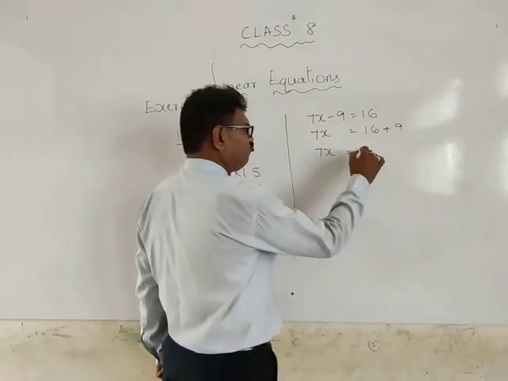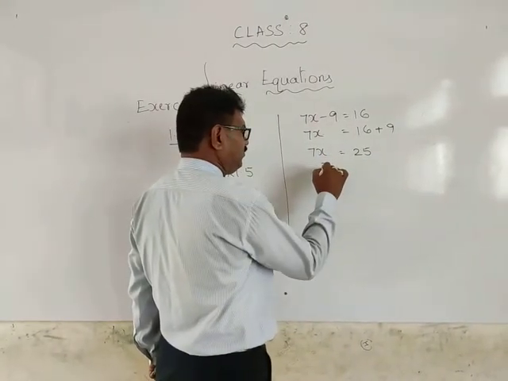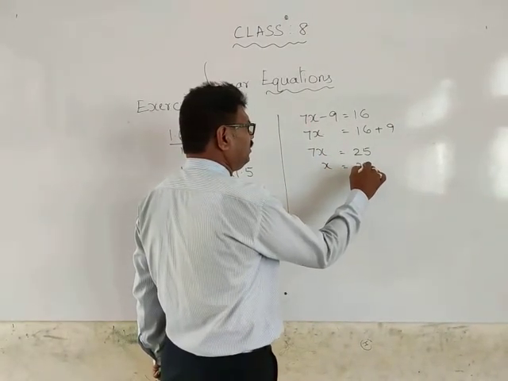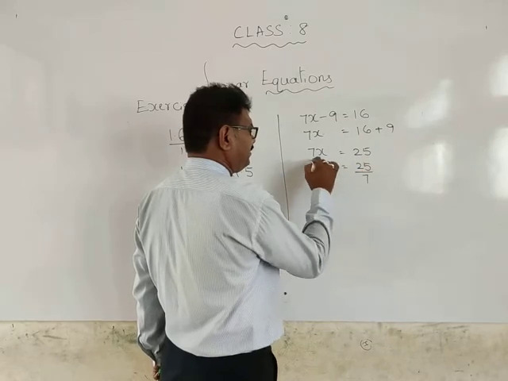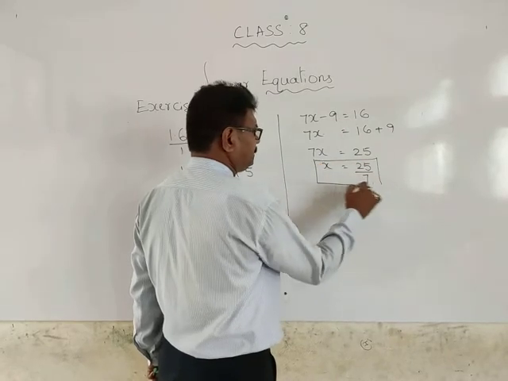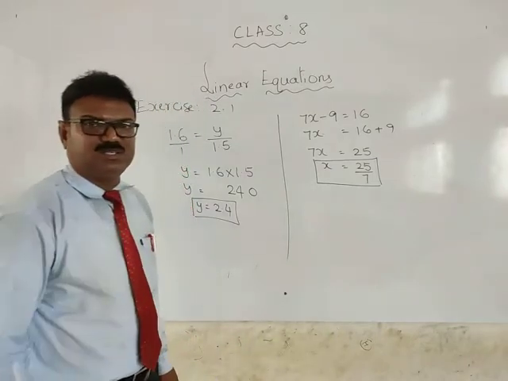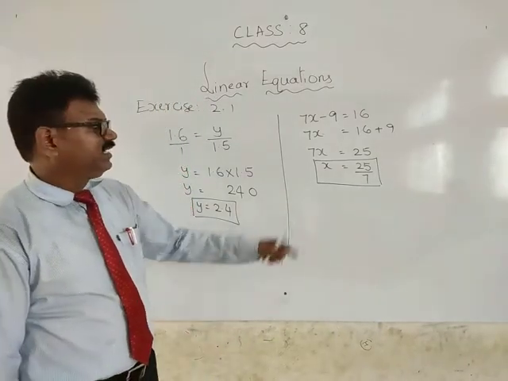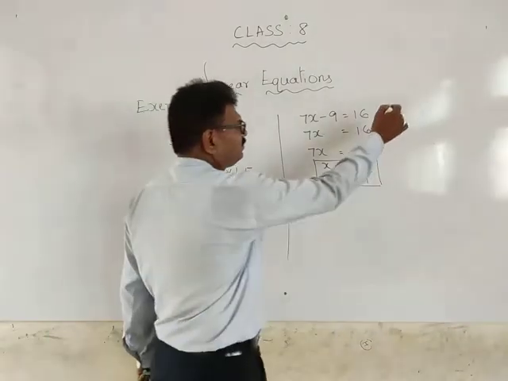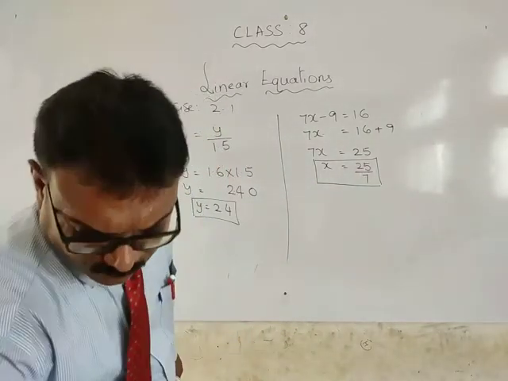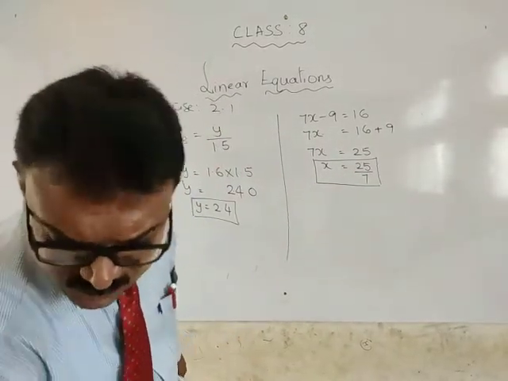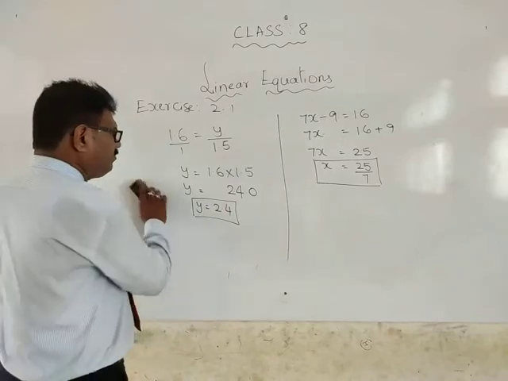How much? 25. Therefore, x equal to 25 by 7. Did you understand? Yes? Like this. Yes. Next problem.